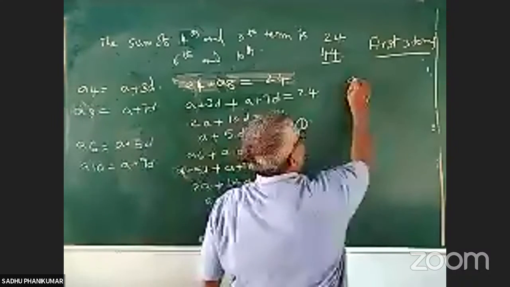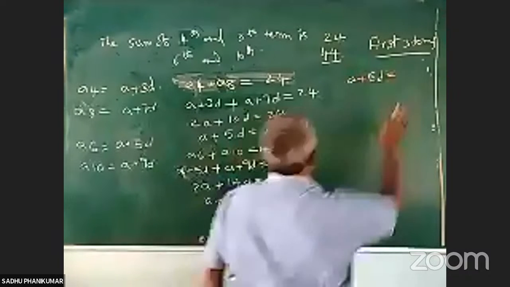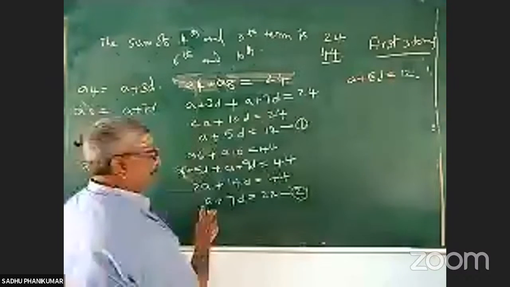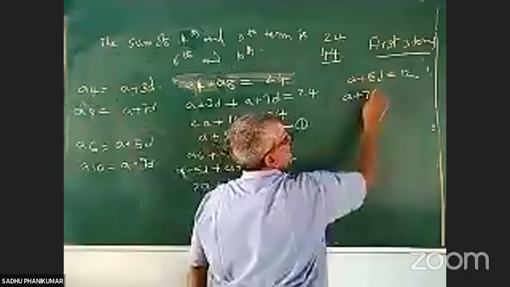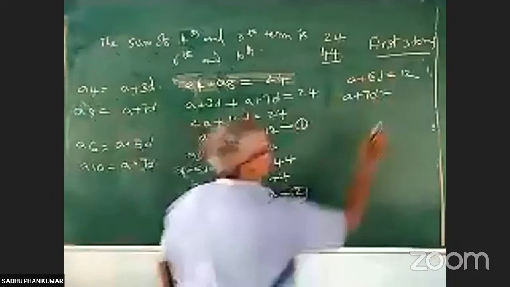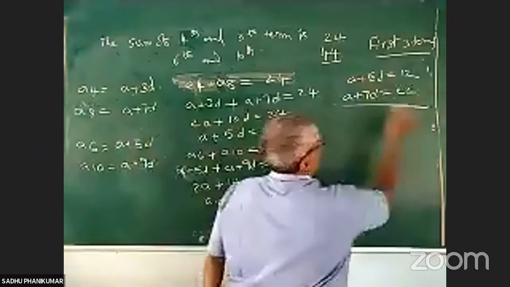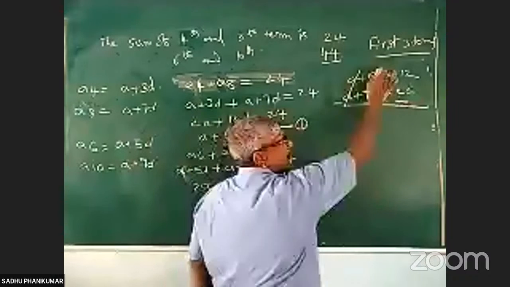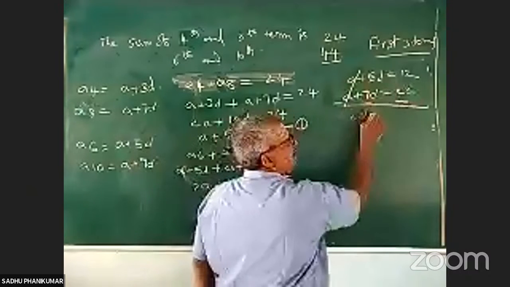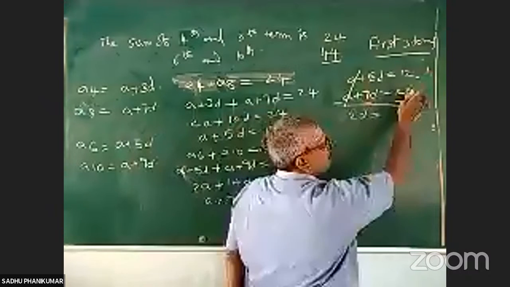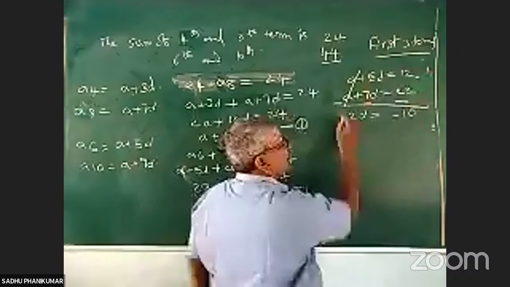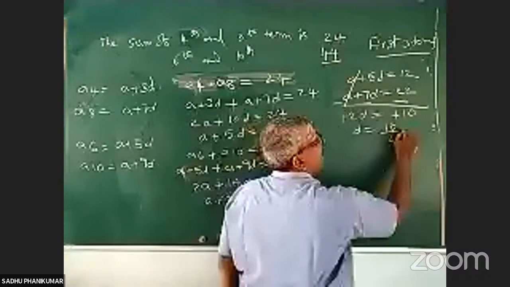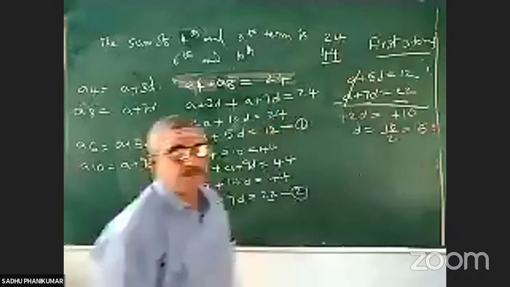Subtracting, A gets cancelled. 5D minus 7D is minus 2D, equal to 12 minus 22, which is minus 10. Both sides have minus, so they cancel. D is equal to 10 by 2, that is equal to 5. This is the value of D.